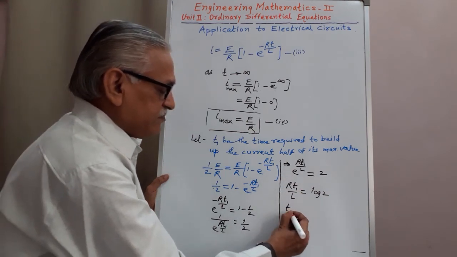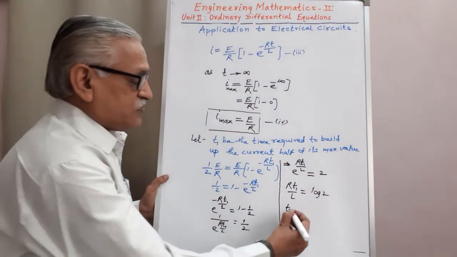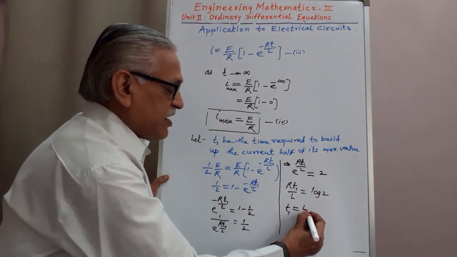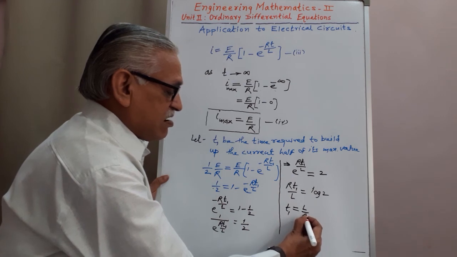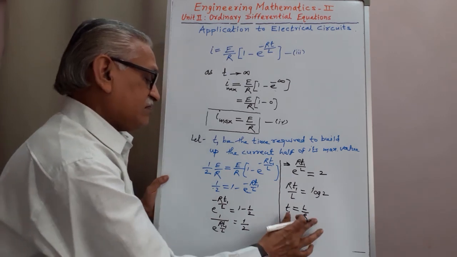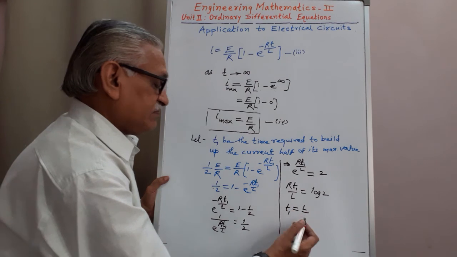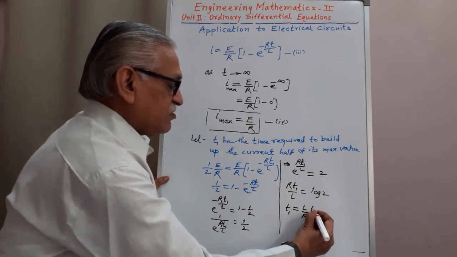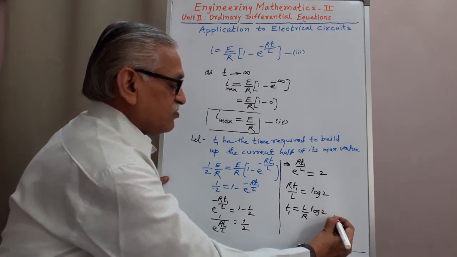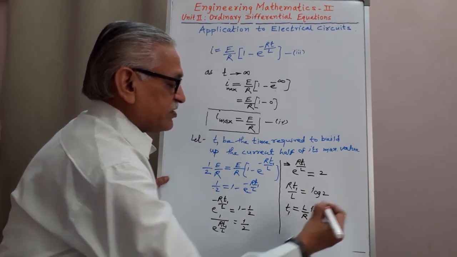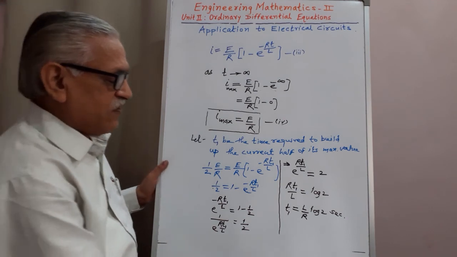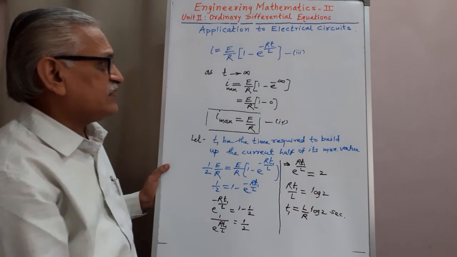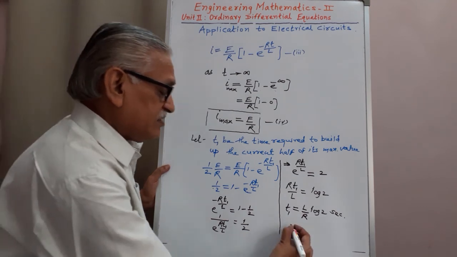Therefore, the time T1 is equal to, transferring this R by L to the other side, L by R into log 2 second, as the required time or the required result.